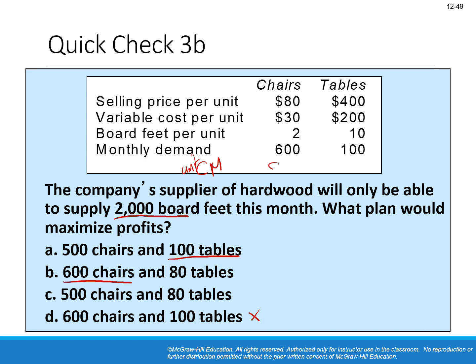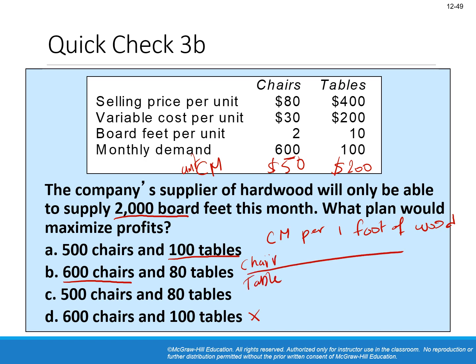And the unit CM for chairs, as I showed you, is $50, and for tables, it's $200. Now, the CM per 1 foot of wood for the chair and for the table.